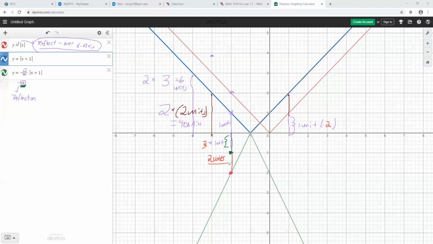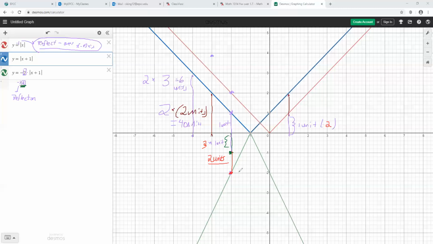Yes. So after we moved the graph 1 unit to the left, which is a horizontal translation, did it matter if we did the vertical dilation first and then the reflection second? Or if we switch it and do the reflection first, have a coffee break, then do the vertical stretch, didn't we still end up at the same place? Yes, it didn't matter.